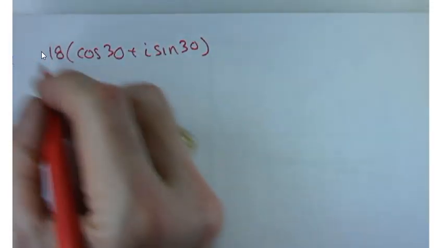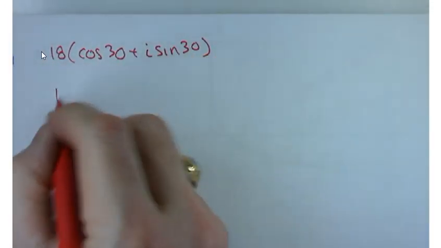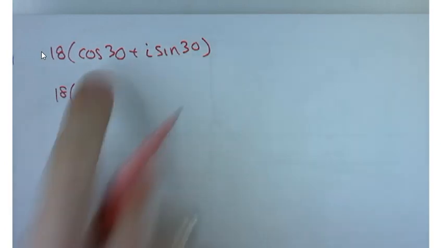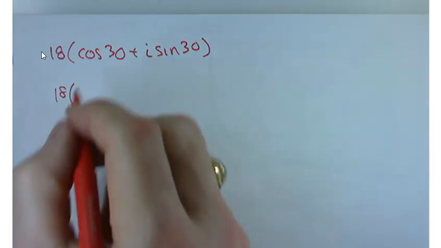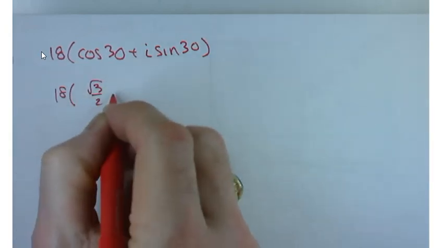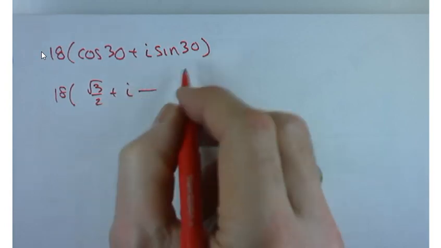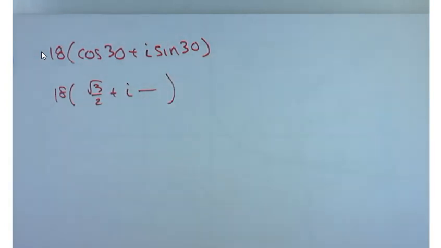And let's fill in a few numbers. What's the cosine of 30 degrees? Root 3 over 2. Good. Root 3 over 2 plus i times a sine of 30. Ivana, what's the sine of 30?